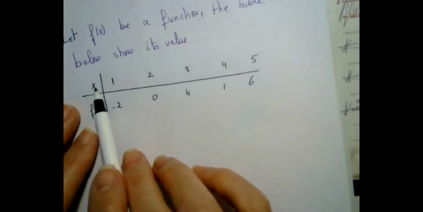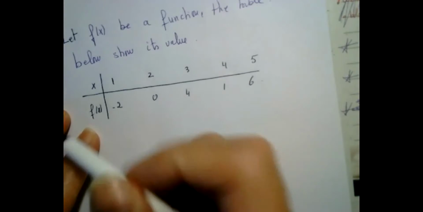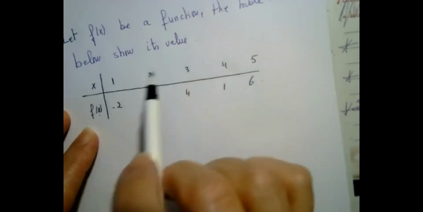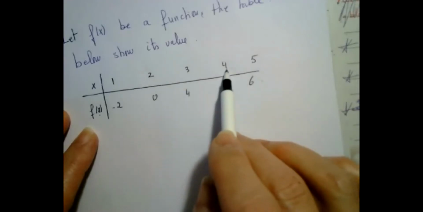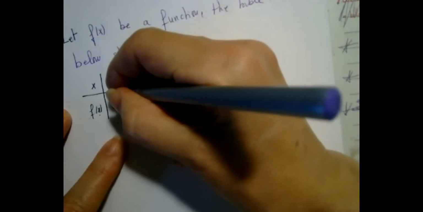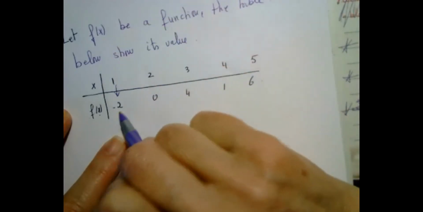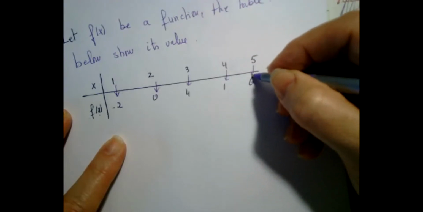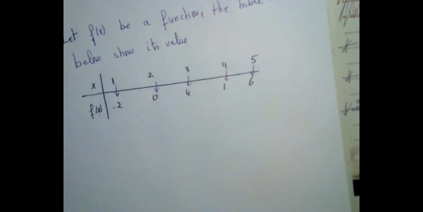It means x is the input, f of x the output. Those are the input values, 1, 2, 3, 4, 5, and the output that corresponds to each input is given like this. I'm sending 1 to -2, 2 to 0, 3 to 4, 4 to 1, and 5 to 6. As simple as that.